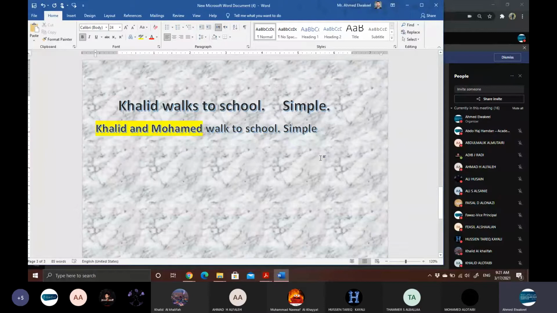I need a compound sentence, not a compound subject. Remember that we said the simple sentence can have a compound subject, a compound verb, or even a compound direct object, and still be a simple sentence. But right now, I need a compound sentence. What does a compound sentence consist of?